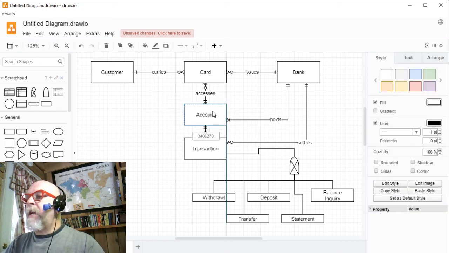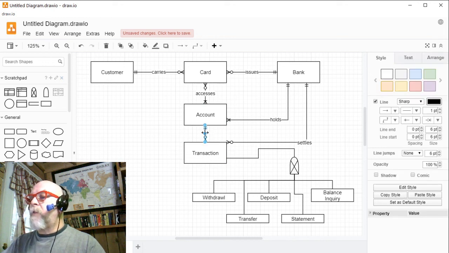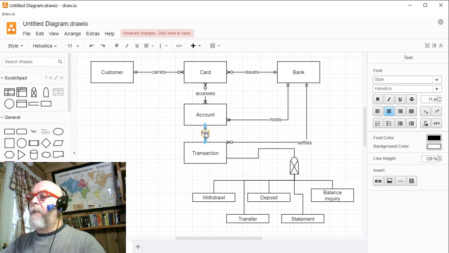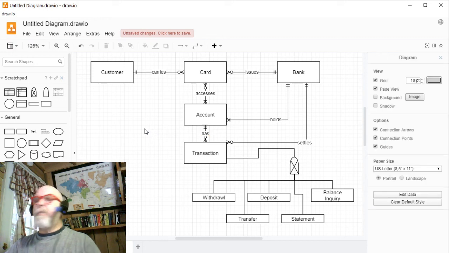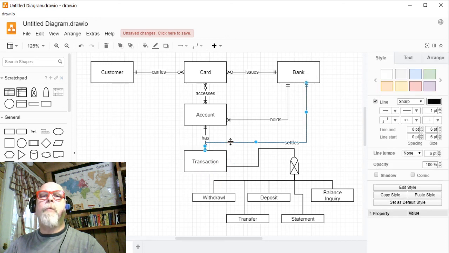Probably need to scoot that down so that you can see a little better. You can see that an account has many debits and credits or transactions, so that would be like has. So you can see that we have made our entity relationship diagram here. Now that arrow's still not doing what I want it to do. Darn it, go over here.